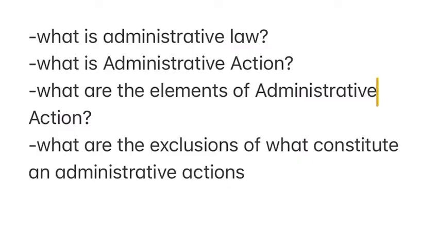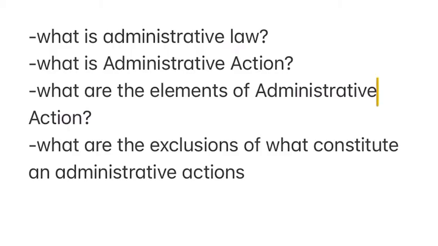With regards to administrative action, you just need to go to section 1 of the PAJA, which I believe you already know, and it will take you through administrative action. Also know the elements, which are straightforward and are also stated in section 1 of the PAJA: a decision of an administrative nature, under an empowering provision, taken by an organ of the state or a natural or juristic person.